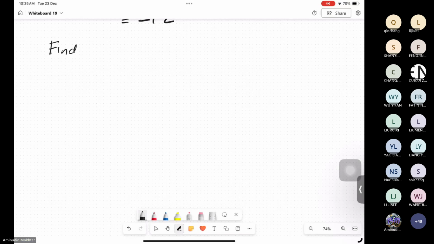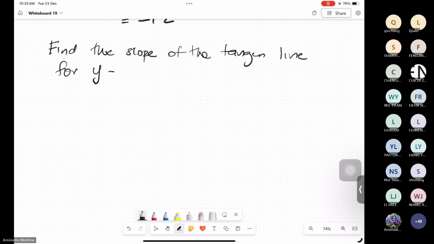Find the slope of the tangent line for y equal to x squared at the point (1, 1).